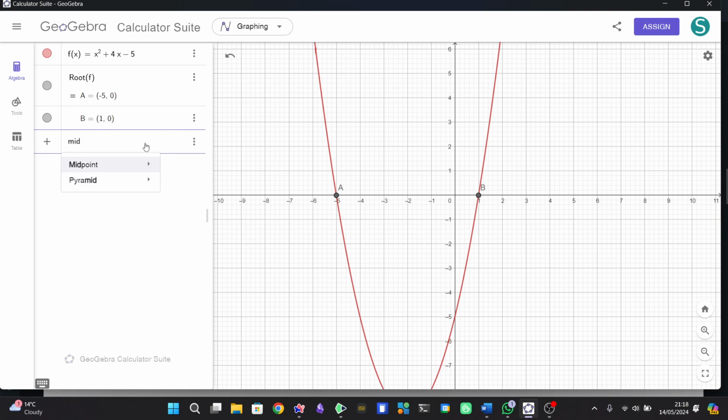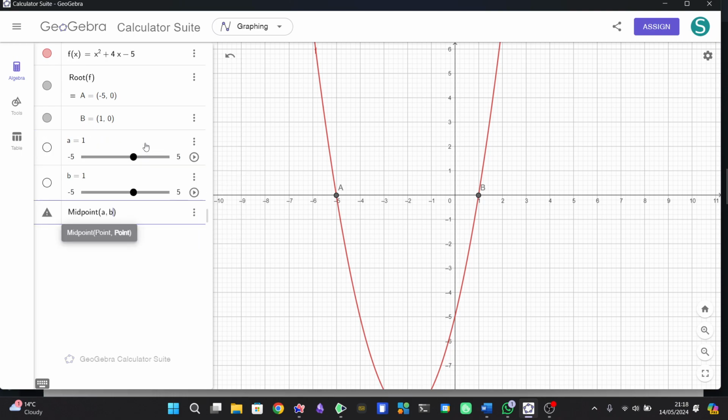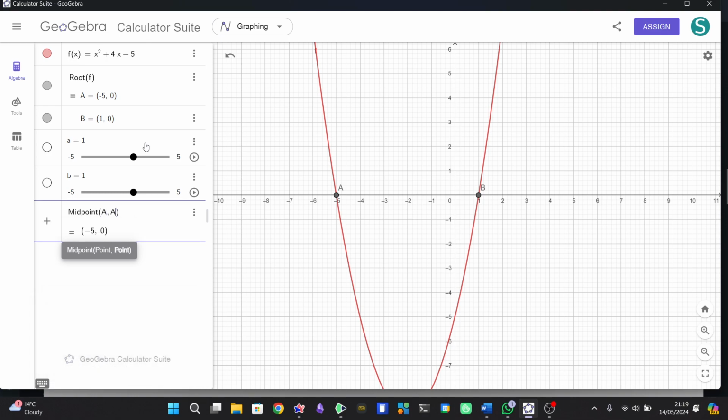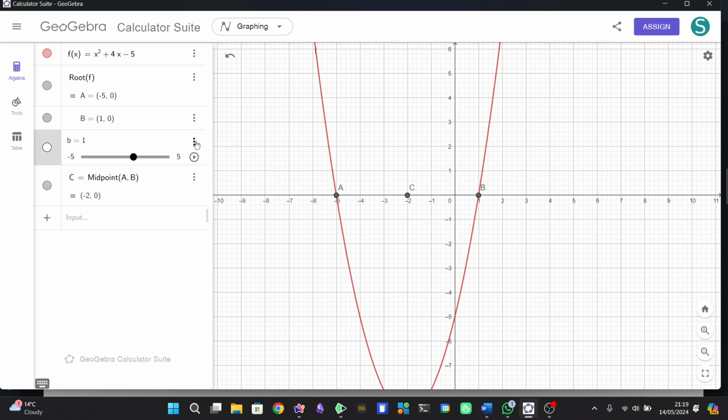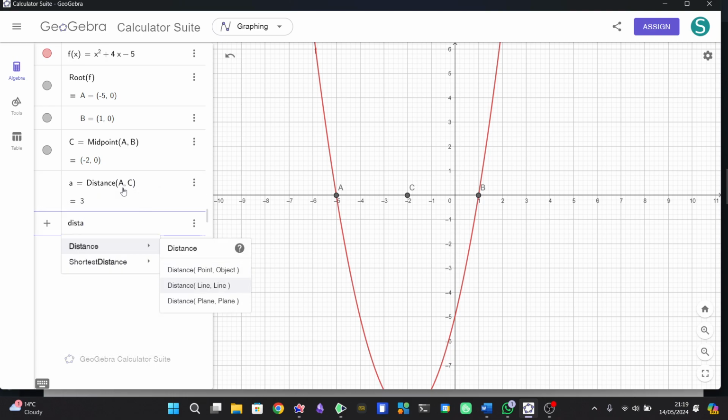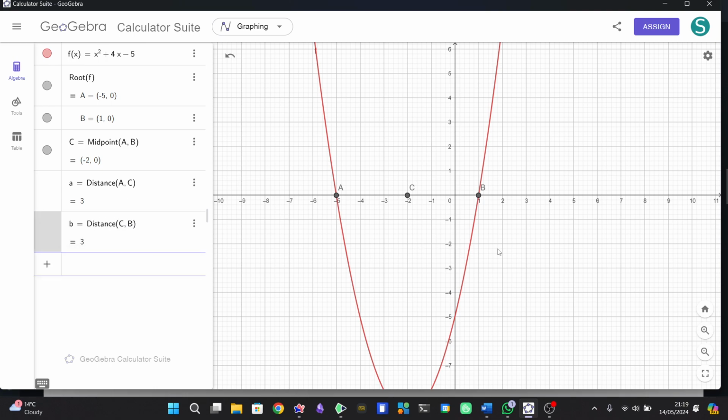If we take the midpoint between a and b, we have c. So obviously the distance between a and c is 3, and the distance between c and b is 3, because a quadratic is symmetrical, you know that.